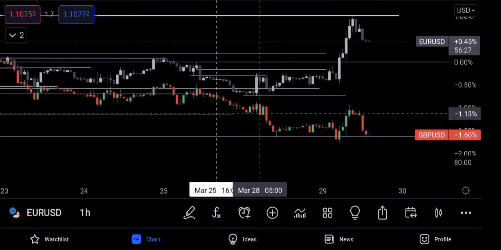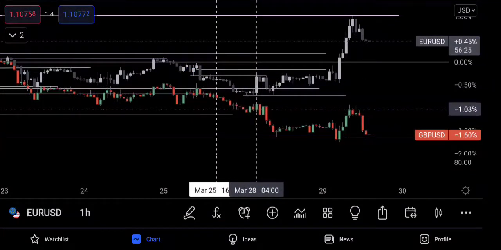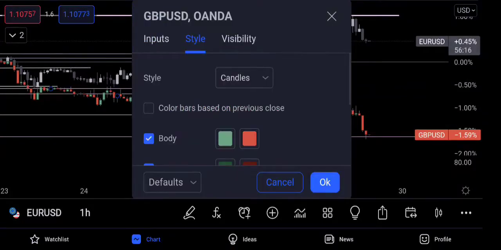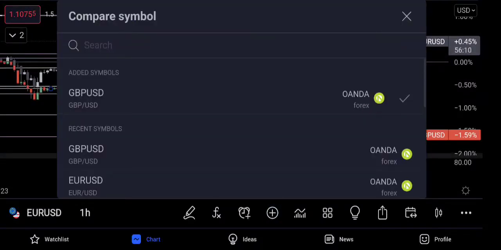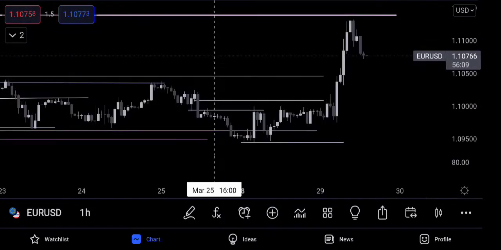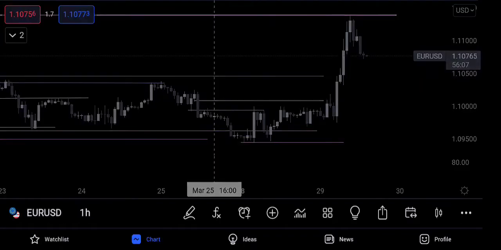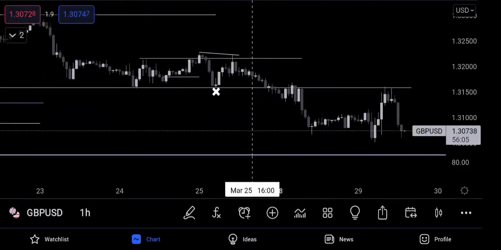I feel like it was right here. Oh no, I can't even see on this chart. They're always updating the app. So let's go to Great Britain USD so I can see what I was looking at.